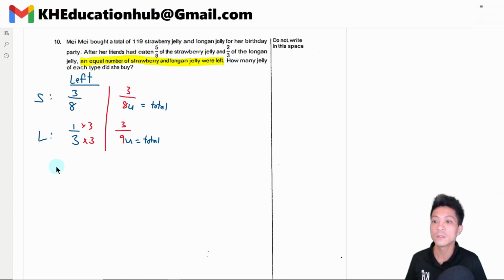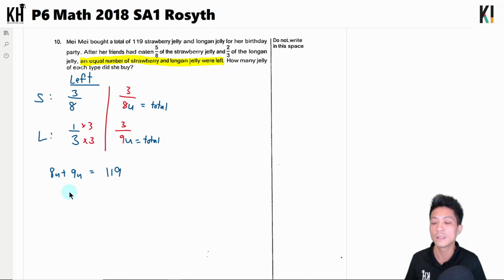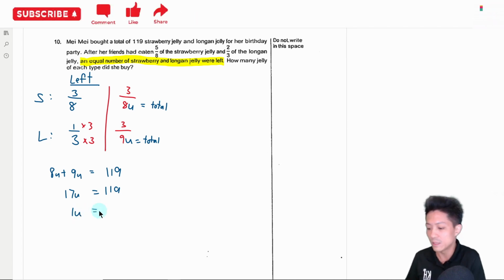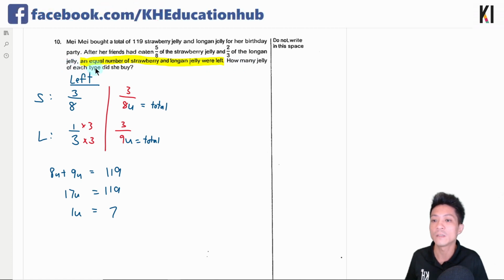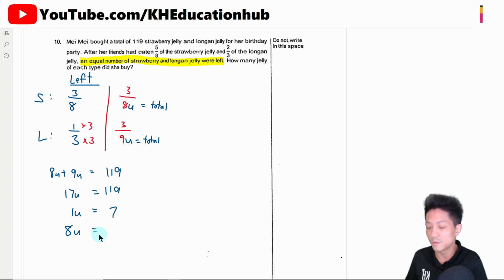So the next step is 8 units plus 9 units is equal to the total, 119. 17 units is equal to 119, and I can find what 1 unit is. 119 divided by 17 will give me 7. The question wants you to find how many jelly of each type she bought. Each type, which means 8 units will be 56.